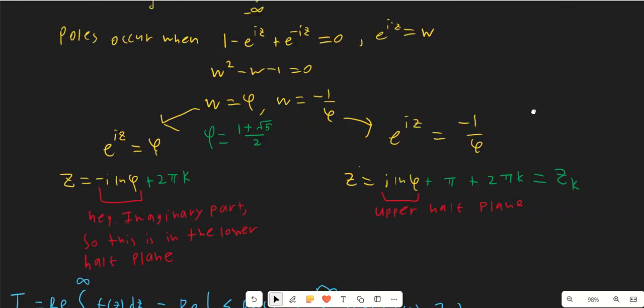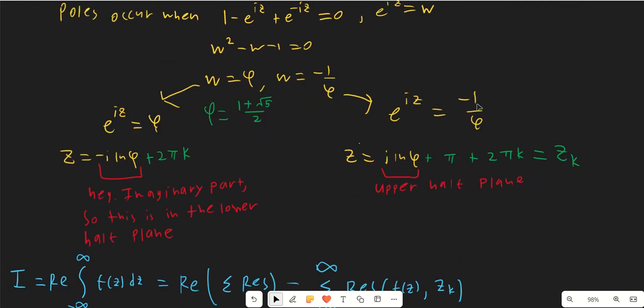So then, in the other case, where e^(iz) equals negative 1 over phi, we get z equals i ln phi plus pi plus 2 pi k, and we'll call this zk.